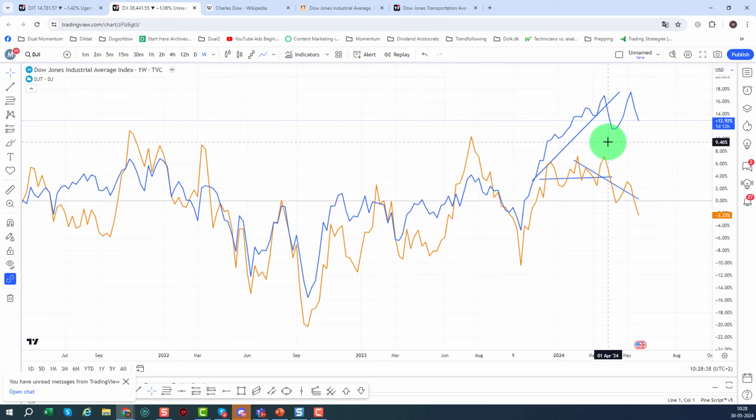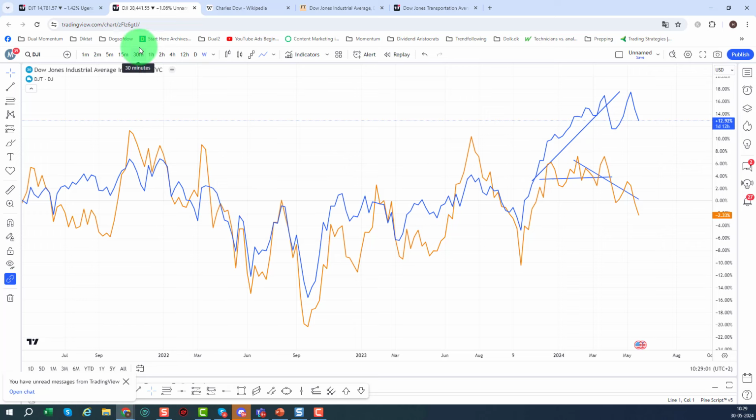And what I will be looking for here, and these are the really mega cap companies, is if this low here is broken, because then we will have the Dow Jones Industrial and the Dow Jones Transportation in sync kind of again, but both going down.